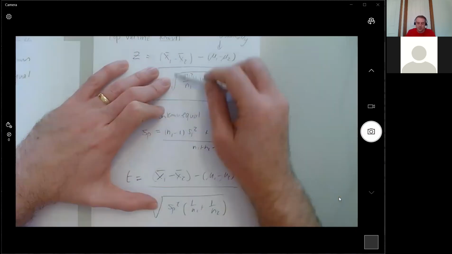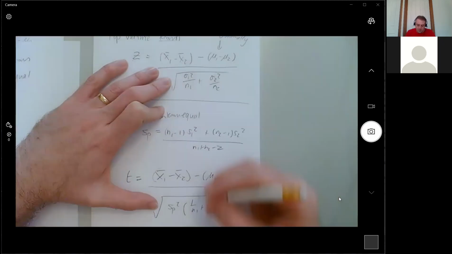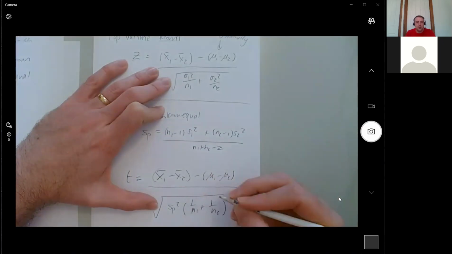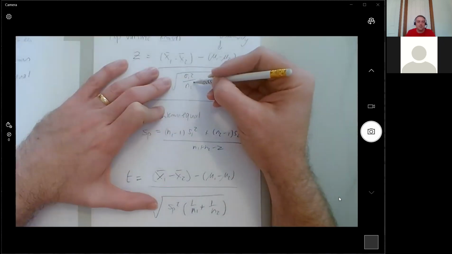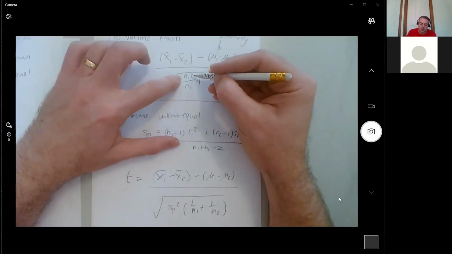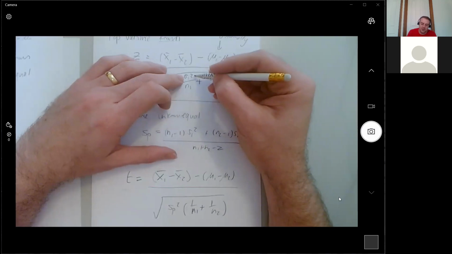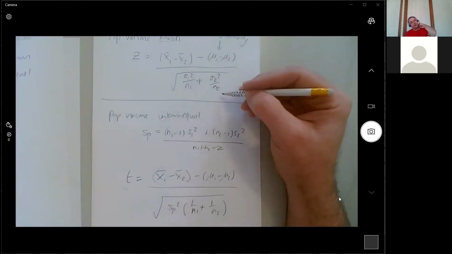They both have the square root, that's the same. They both have a dividing by n1 and a dividing by n2, but this one, they're sort of 1 over n1 and 1 over n2 separately. So I guess this sigma 1 squared over n1 is the same as sigma 1 squared times 1 over n1, and this is sigma 2 squared times 1 over n2.